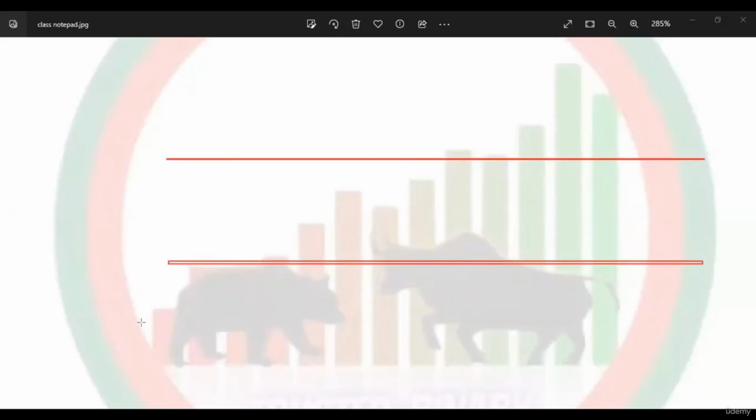That means if it's a resistance level here, then a breakout happens. After the breakout, it again came back to that area.